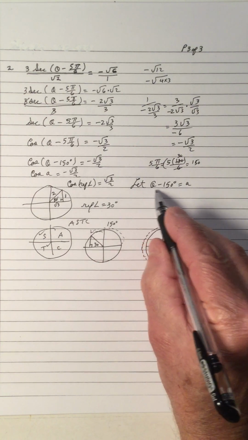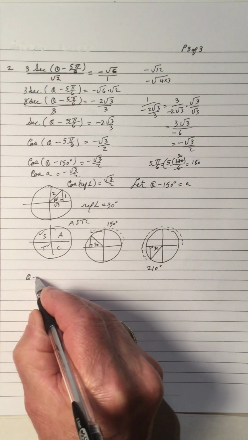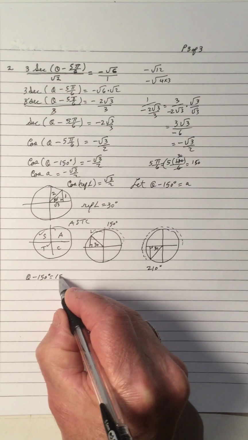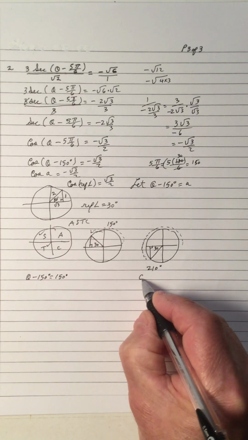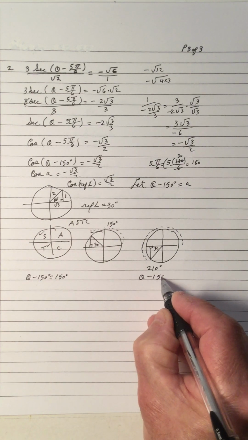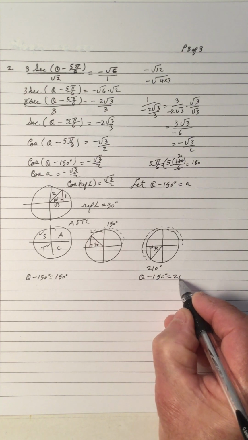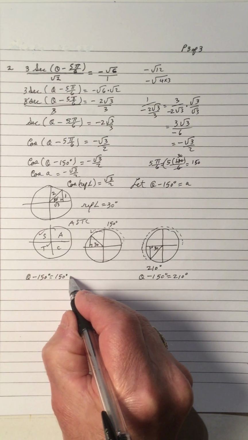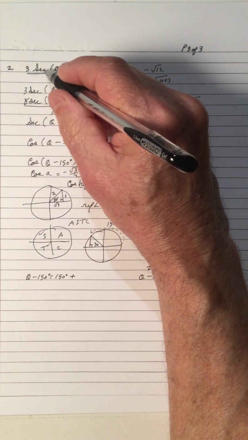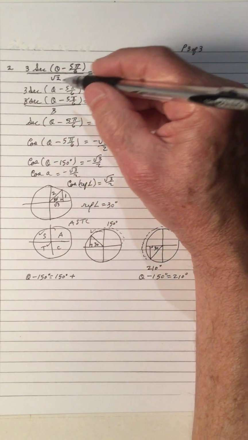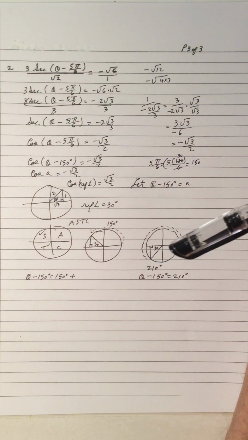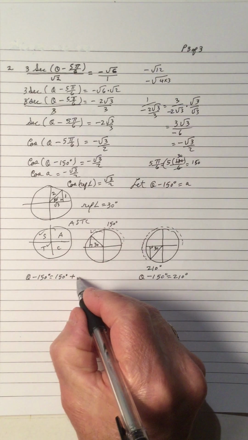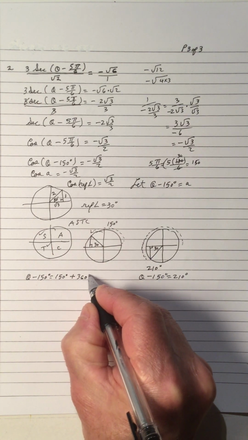So that means that the angle theta equals 150 and theta equals 210. Because we're finding them all, then we'll add on the period. The way I remember is that tan and cot have 180 degrees as a period, and all the other ones have 360. So it's 360n.